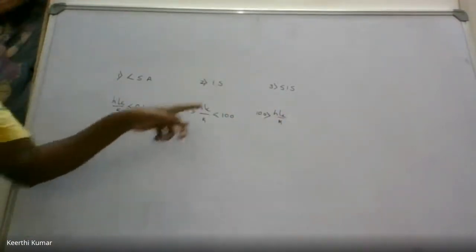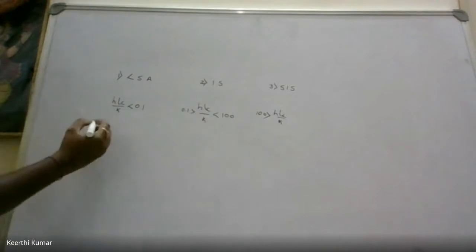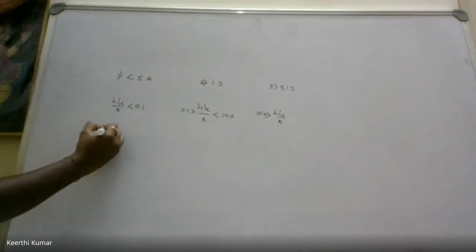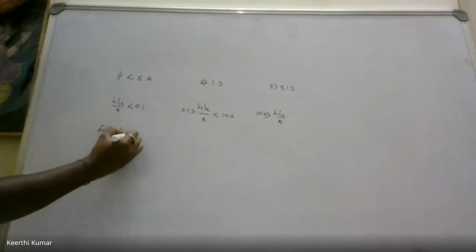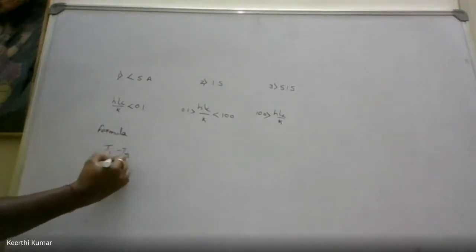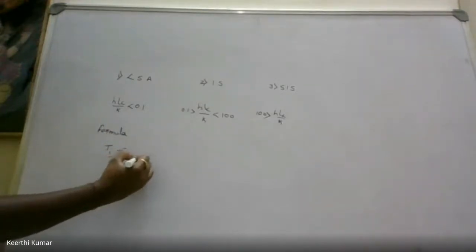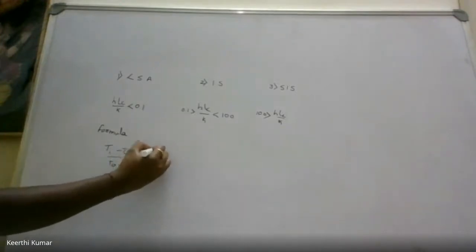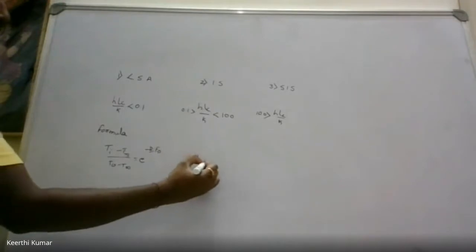We have solved all the types of problems. Here we have a formula, which is available in the handbook: (Ti minus T infinity) by (T naught minus T infinity) is equal to e to the power of minus Biot number into Fourier number. Here we use charts.